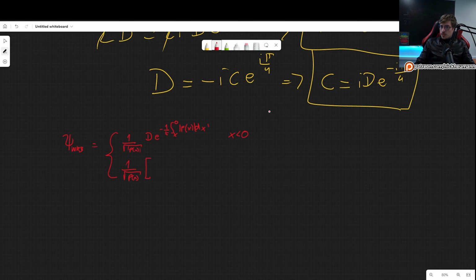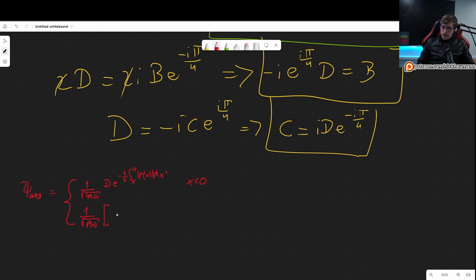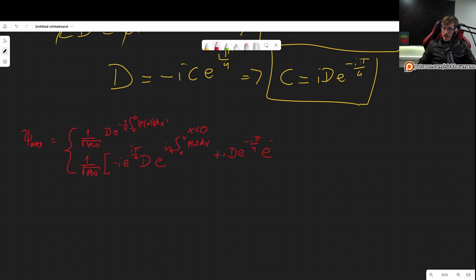So, or rather C, sorry. Okay, so it is minus i e to the i pi over 4 times D, and now the exponent that is already there, so i over h bar times the integral from 0 to x of the momentum dx, and then plus what we had for C, which is id e to the minus i pi over 4, and then the same exponential that we had before, right?